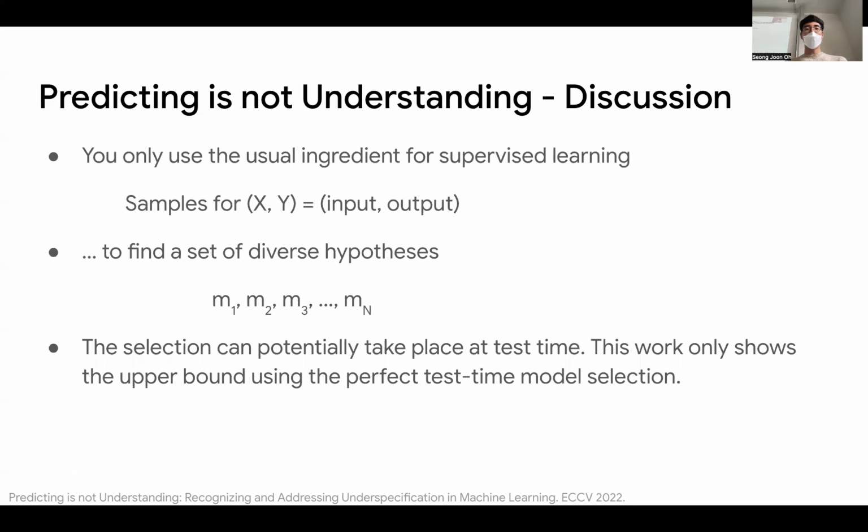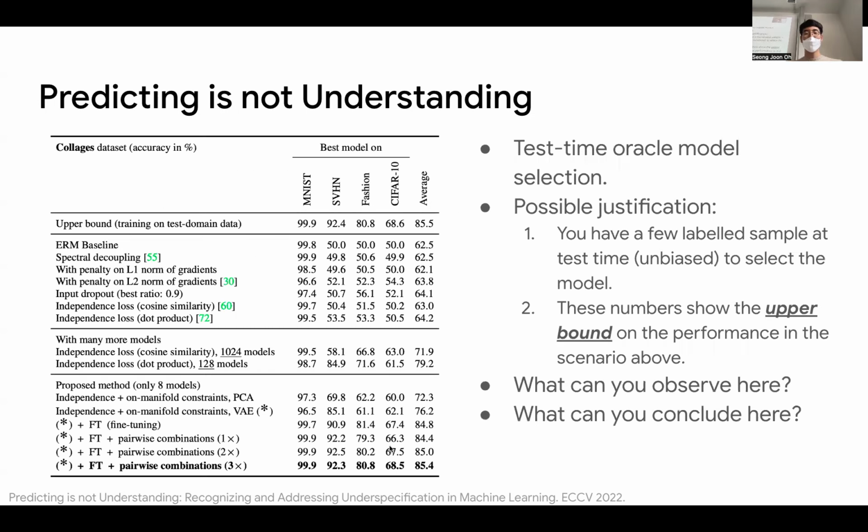Okay, so summarizing what we have seen so far, we're still using samples for X and Y for training, but then we are training a lot of different hypotheses. And then we are making a selection at test time based on, oh yeah, that I didn't mention, right? So inherently by choosing the best model on each of the data sets, what we are doing here is using test time information, right?